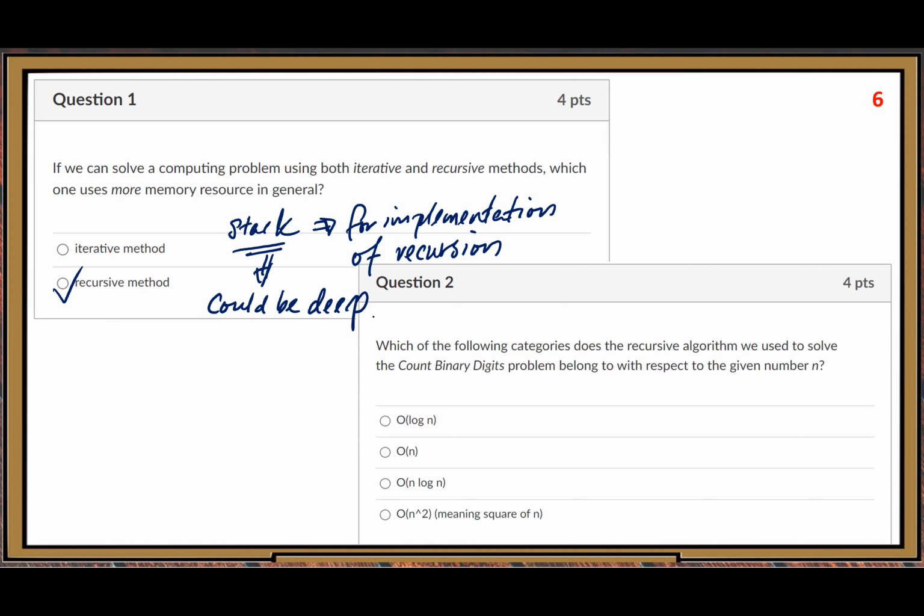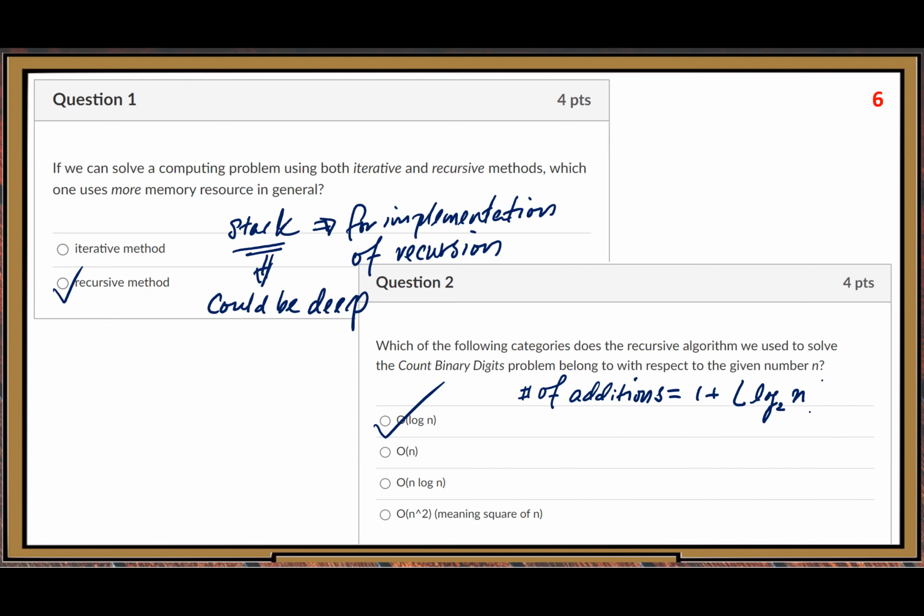For the binary digits problem, we have solution big O of log n, because I remember a formula, so we count the number of additions. We have that formula, 1 plus floor function of log base 2 of n.